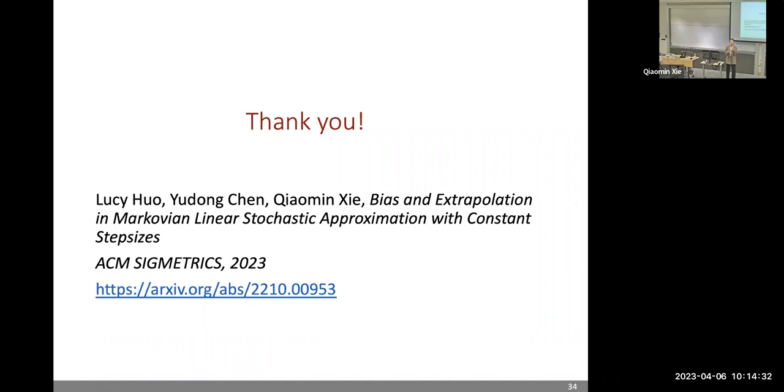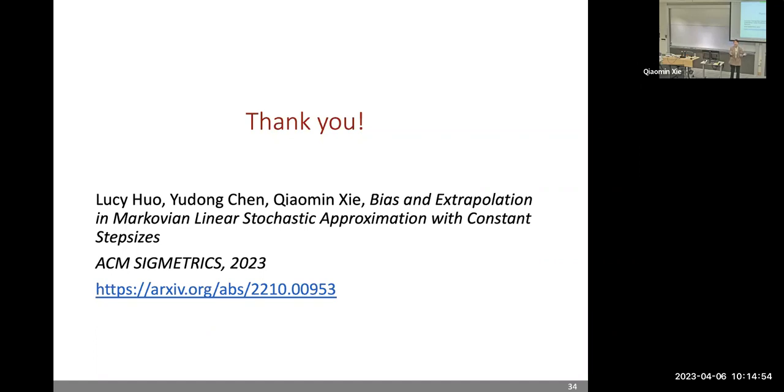The key here is how the bias depends on the step size. In some settings, even if it's a non-linear SA, say like Q-learning, which is a contractive mapping, we can show under some conditions that it still has this linear dependence on the step size.